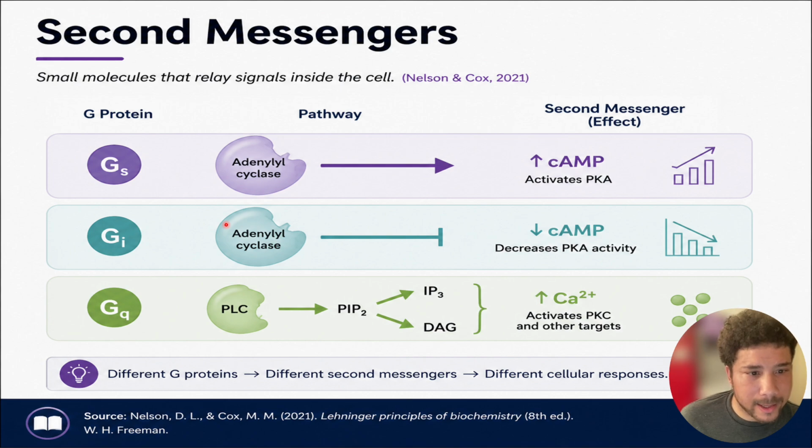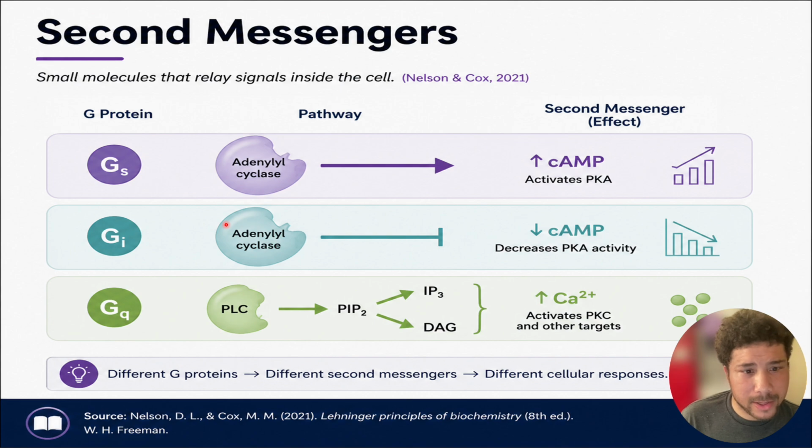Cyclic AMP then binds to and activates protein kinase A, commonly abbreviated PKA. Protein kinase A phosphorylates specific serine and threonine residues on target proteins. These targets may include metabolic enzymes, ion channels, or transcription regulating proteins.